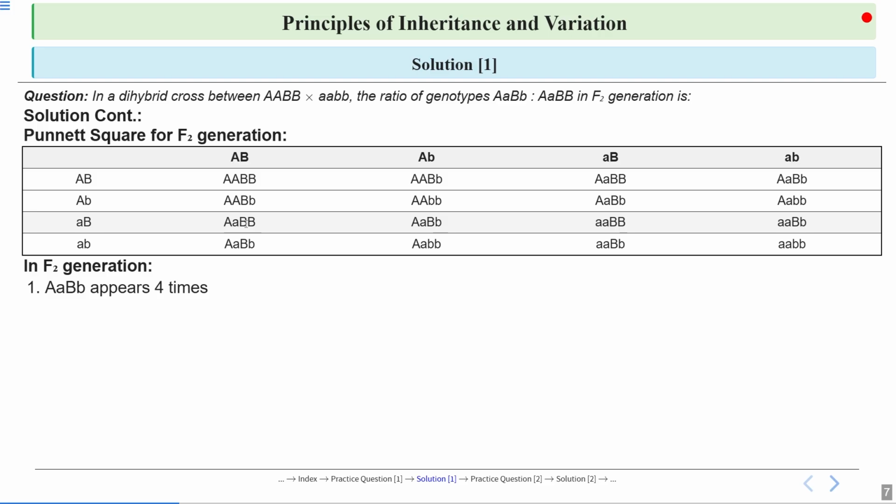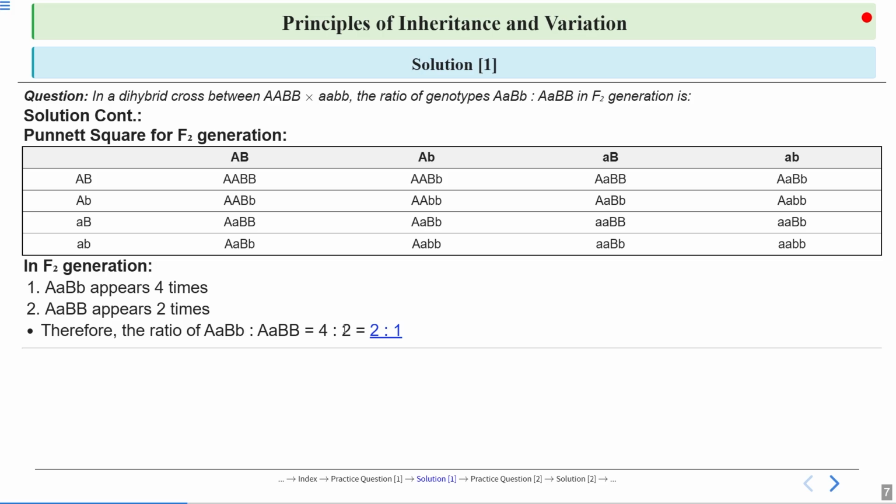The other genotype, capital A small a, capital B capital B, appears only 2 times. So the ratio is 4:2, which you can reduce to 2:1. So 2:1 is the correct answer here.